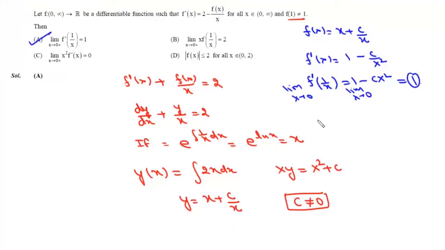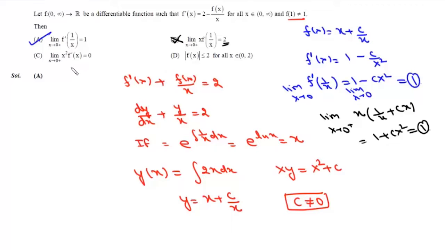Now if we look at option B, which is limit x tends to 0 positive, and f(1/x) will be 1 by x plus cx. Now this is 1 plus cx square, which also is 1, but it is given as 2, so this option B will be incorrect.